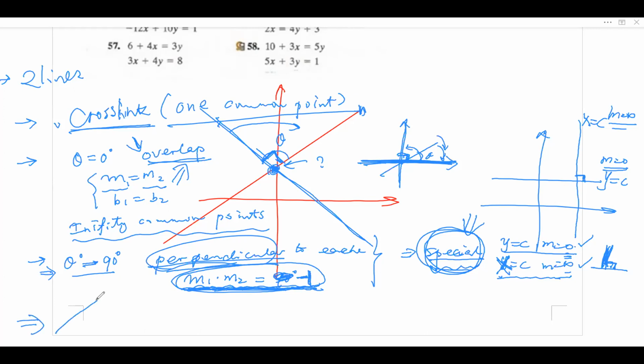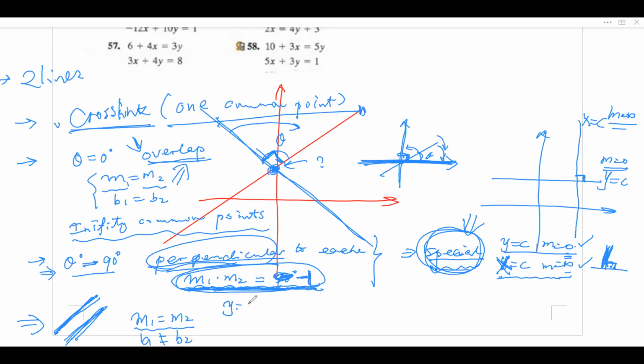Another case is two parallel lines. When two lines are parallel to each other, their slopes are exactly the same, but their y-intercepts are different.